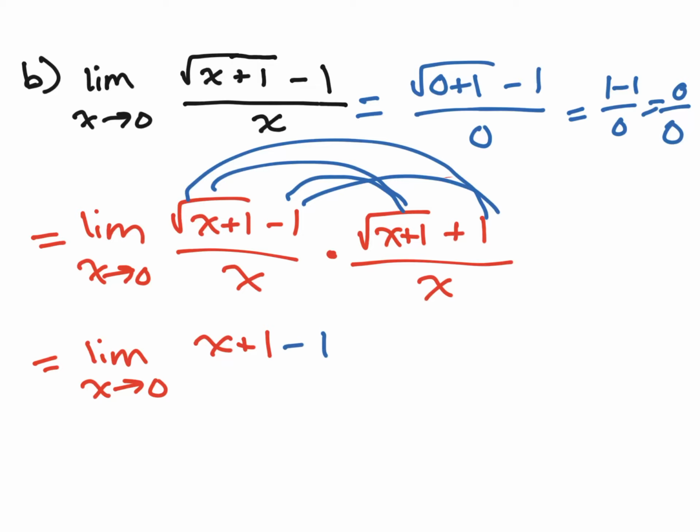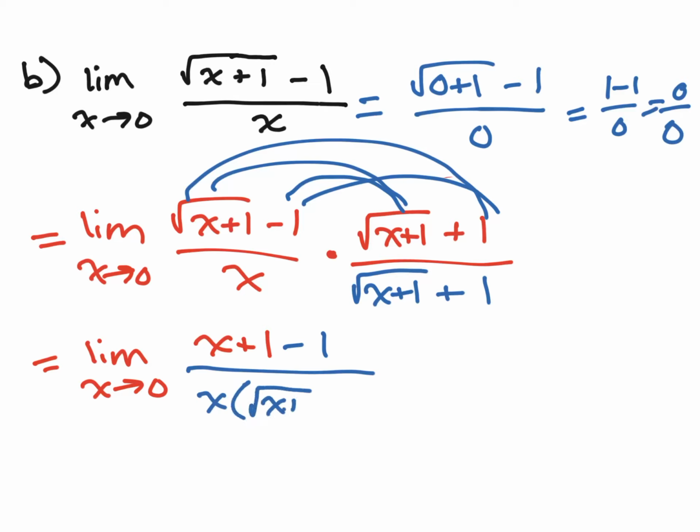Okay, so let's fix this. For my denominator, we're going to multiply by the same thing because we have to be multiplying by a fancy form of 1. We've done the numerator correctly. In the denominator, I'm not going to do anything. I'm not going to distribute. I'm just going to rewrite it.